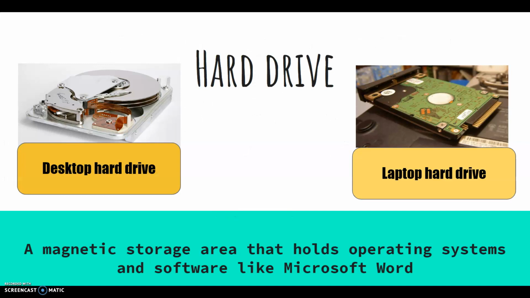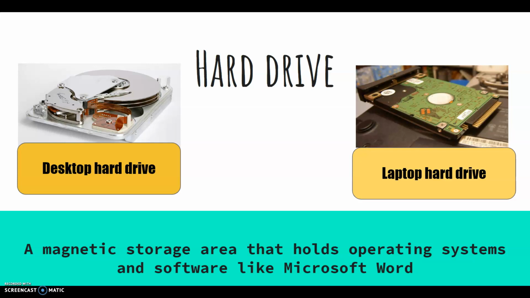The computer also contains the hard drive, which stores a lot of information. A hard drive is a magnetic storage area. An operating system such as Microsoft Windows, Apple, Linux, Android, and Apple's iOS is stored on your hard drive, as well as all of your software programs, like Microsoft Word, for example.